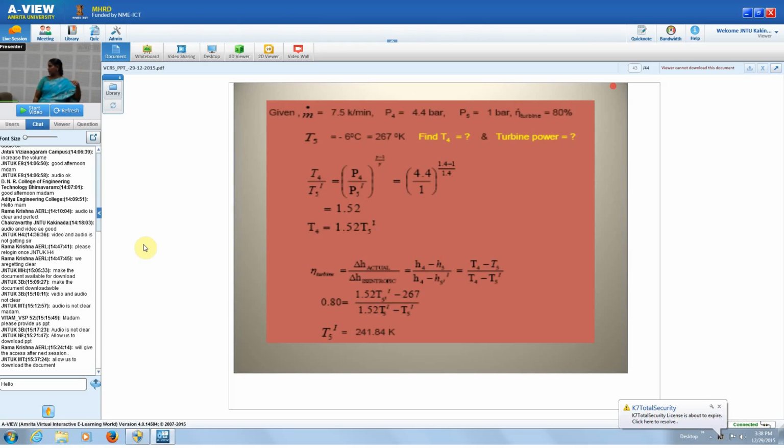The method is that you first have to find out all the required temperatures, up to T5.